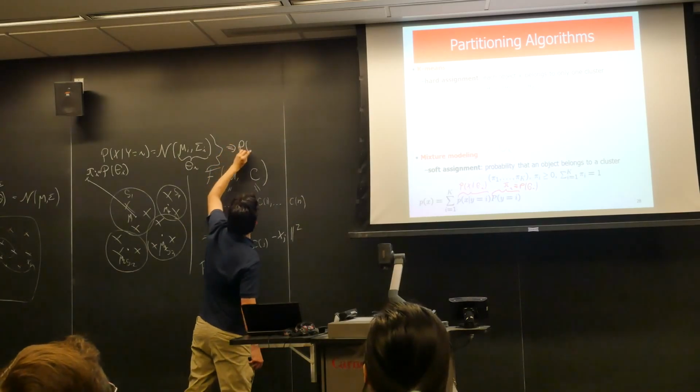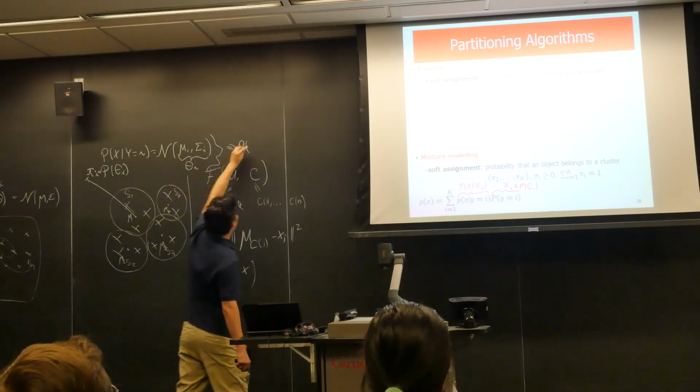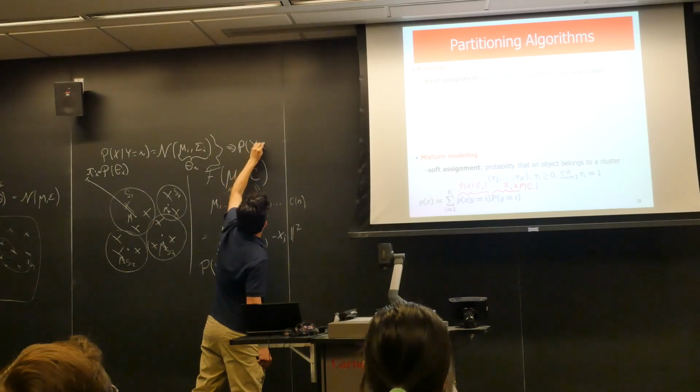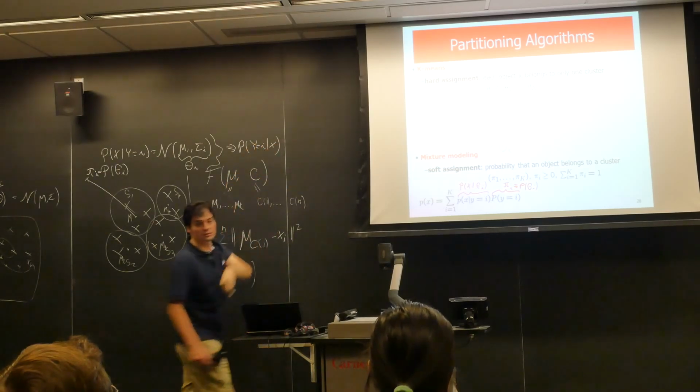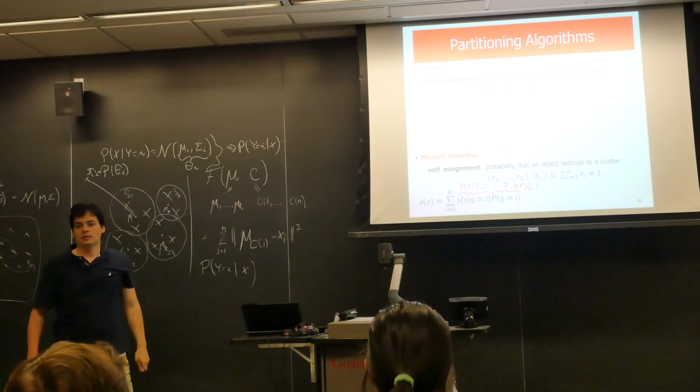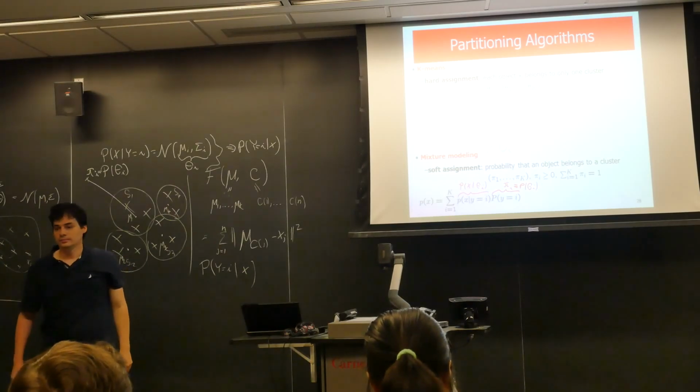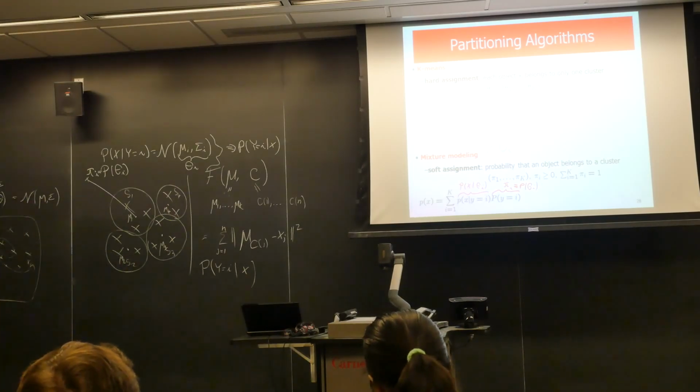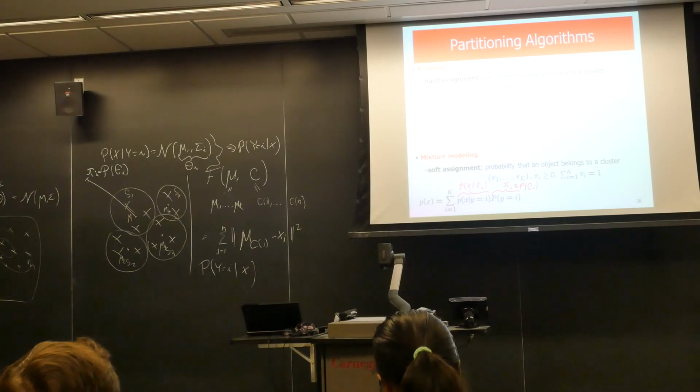That was the probability that the class label is i for a given point x: the probability of x given y i times the probability of y i, so pi i.